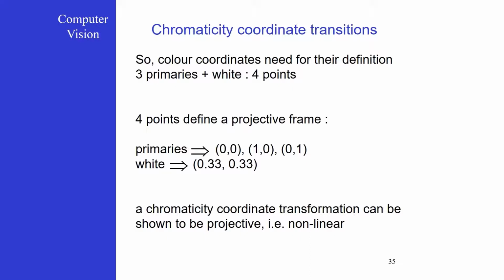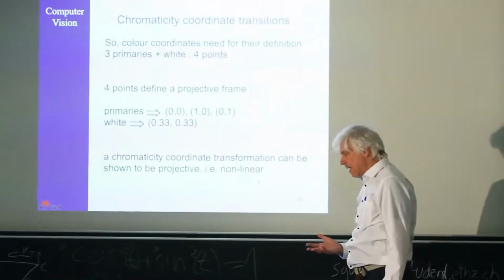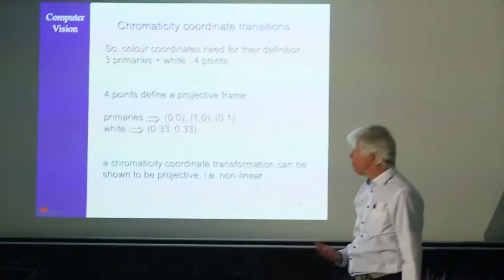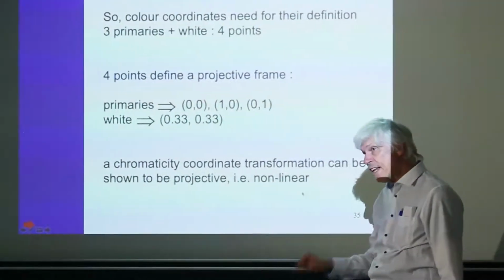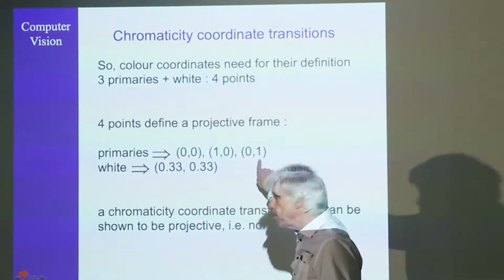By the way, small remark here, we don't go too deeply into it, you don't have to know the details of this, but if you have a chromaticity coordinate space, you find the three primaries used to define that very space at (0,0), (1,0), (0,1).